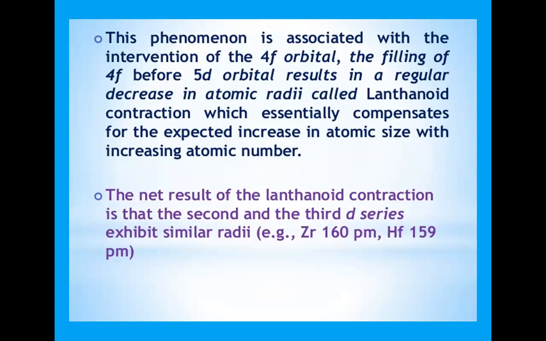That means imperfect screening effect by f orbital leads to a decrease in their atomic radii, which we call lanthanide contraction. As a net result, the lanthanide contraction leads to the second and third d series elements exhibiting similar atomic radii.